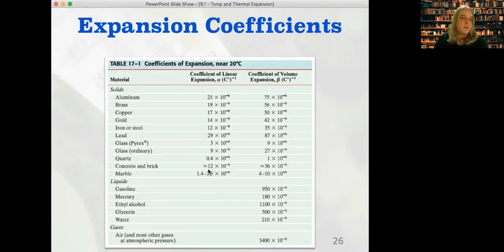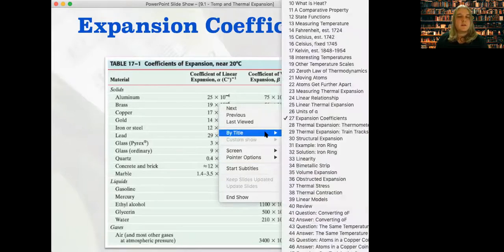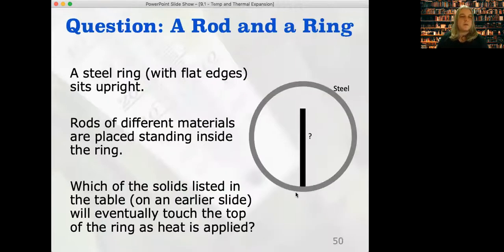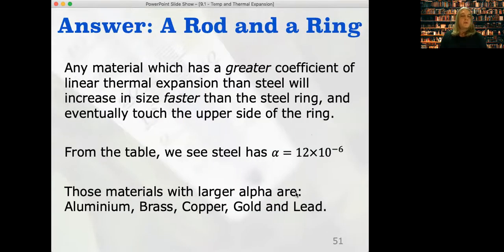So the metals all will, the other objects, glass and quartz and concrete and marble, they all won't. So that's the entire question. That's all we had to do. So we'll just jump in and we'll check here. As we've said, those ones all have larger alpha.